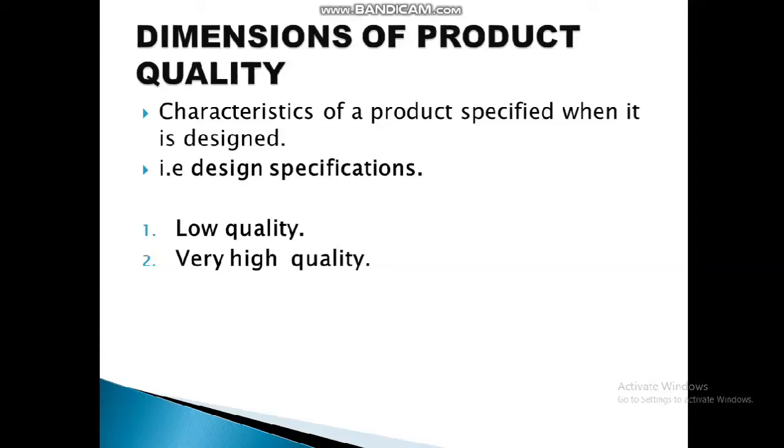Hello everyone, today we are going to see about the dimensions of product quality. The important characteristics of a product are specified when it is designed, prior to its manufacture. These characteristics are called design specifications.